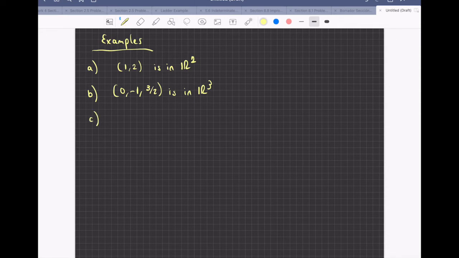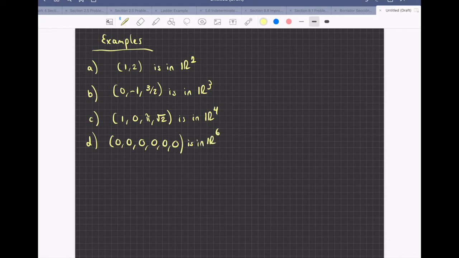The vector (1, 0, pi, square root of 2) is in R4. The vector (0, 0, 0, 0, 0, 0) is in R6, and so on. All of these are going to be vectors. So a vector is like a sequence of numbers that, of course, have a well-defined order.